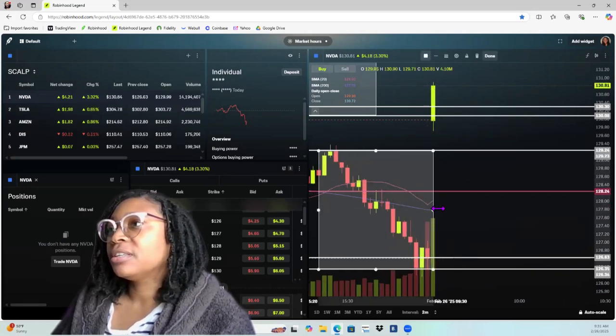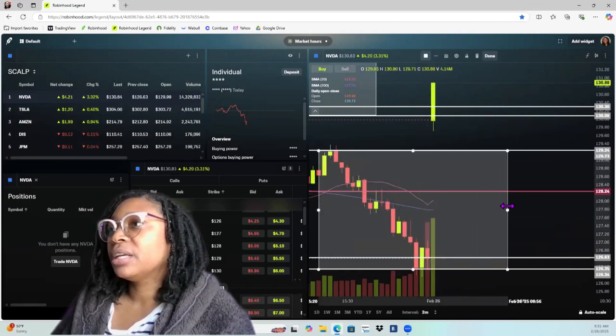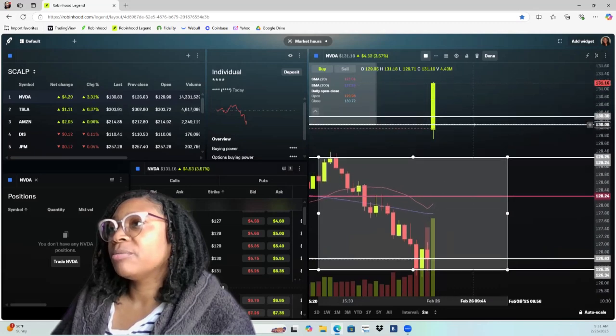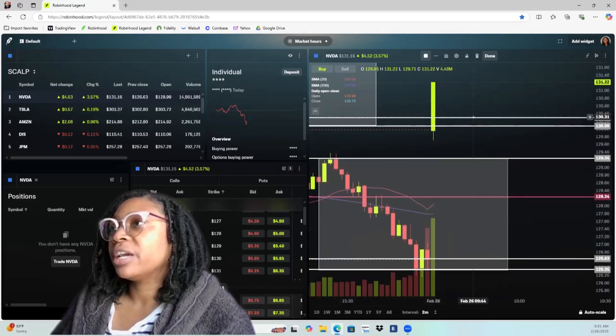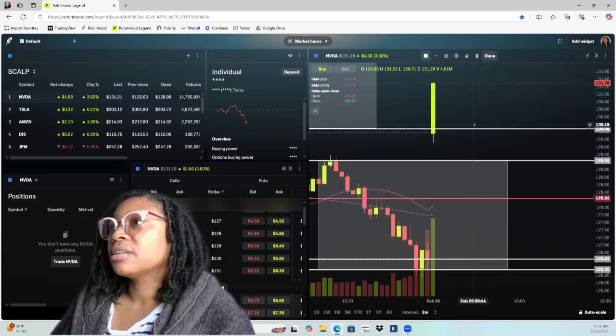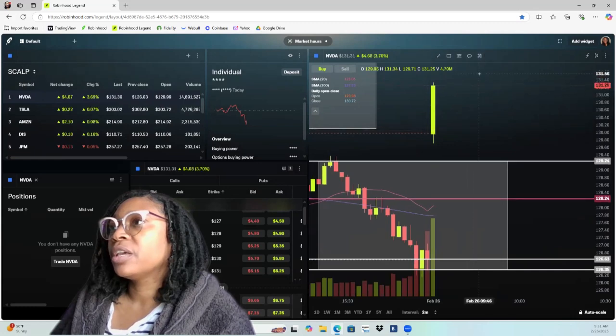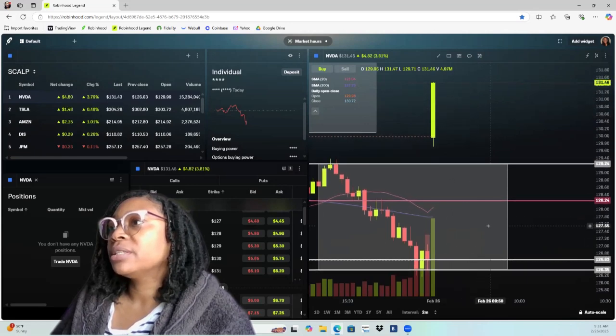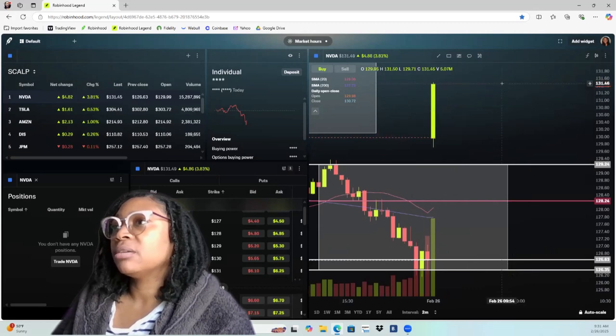And if you see, it opened outside of our Fab 4 zone, and it's trending upward. And so we get these other things here. So that's a huge, powerful green candle with a lot of resistance below it. So we'll see though how it plays out.